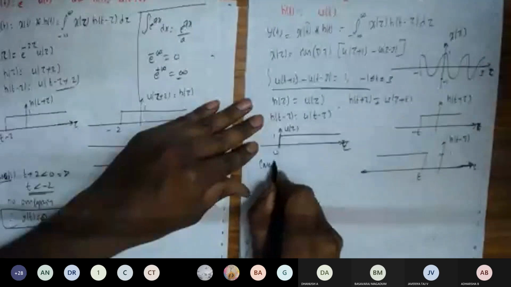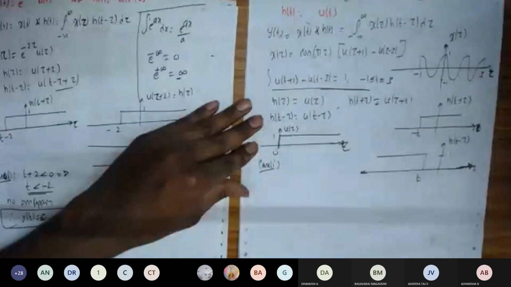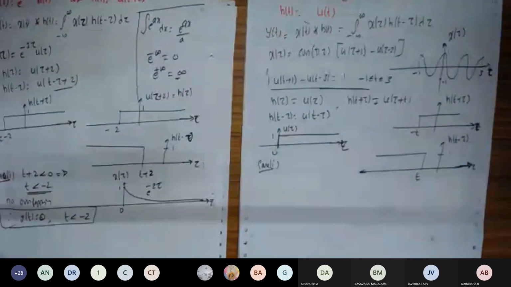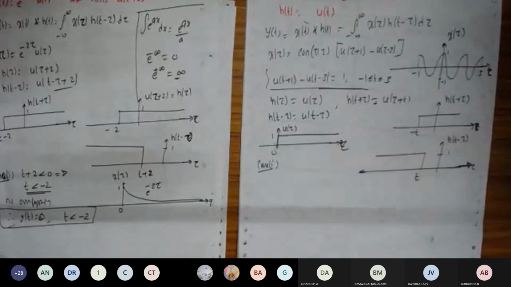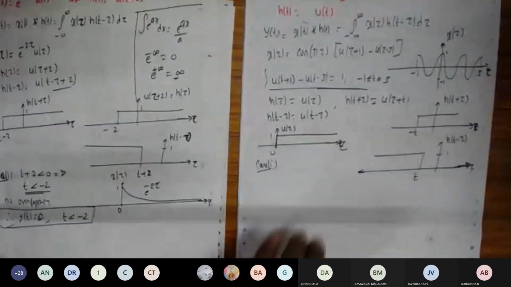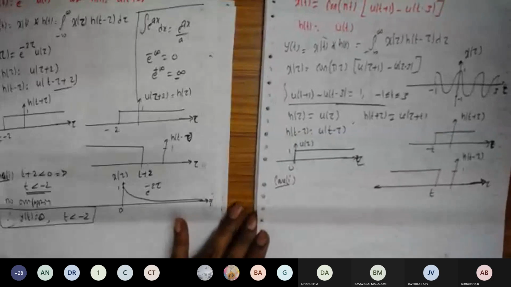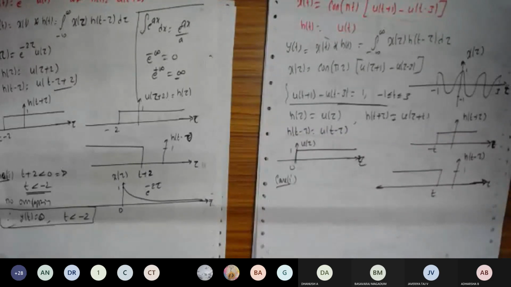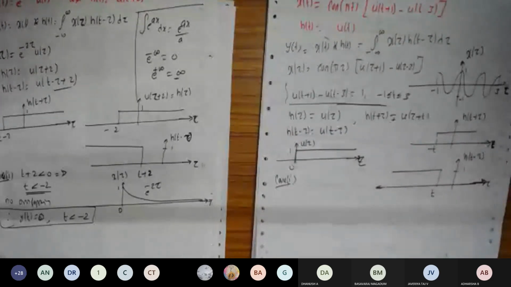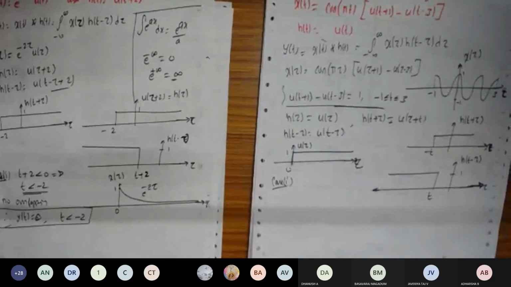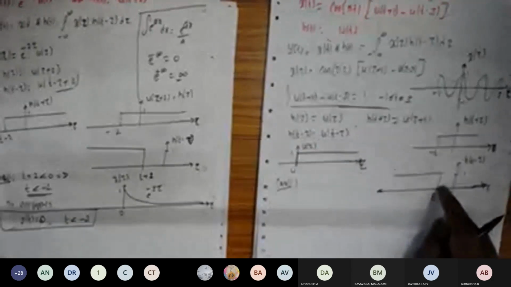So what is the first case? Can anybody tell me? Case 1. What's the case 1? Can I get the answer? What's the value of t here? Case 1, which will take here.